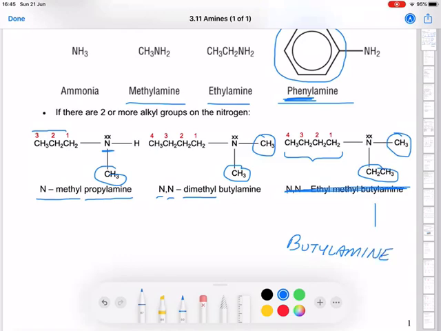I've then got an N-ethyl here and an N-methyl here, and we put them on alphabetically, which means the ethyl will go before the methyl. So N dash, we treat the N like a number, so we need a dash, N-ethyl, N-methylbutylamine. Okay.